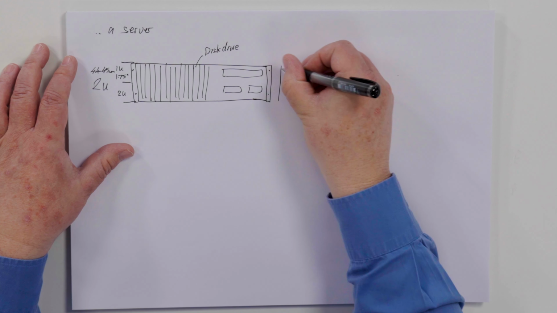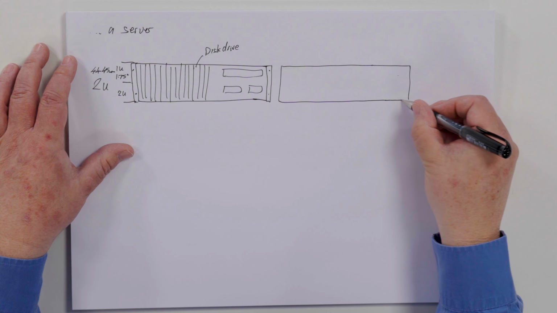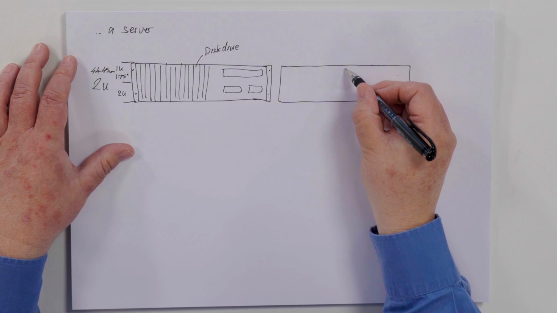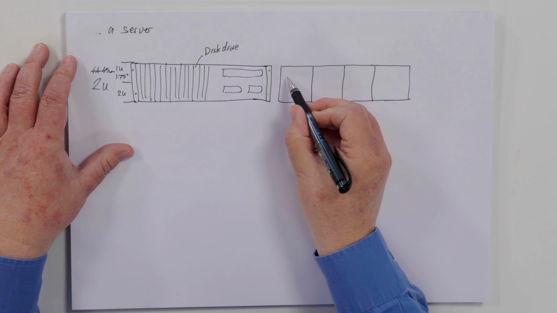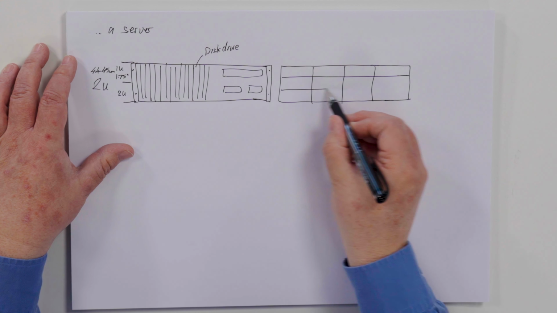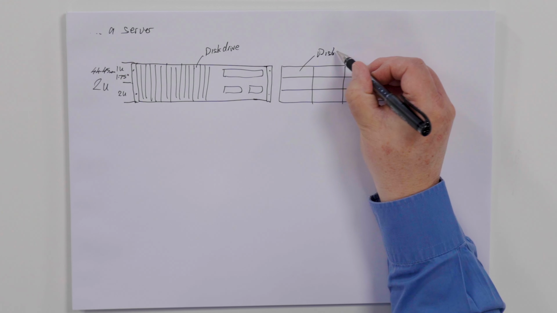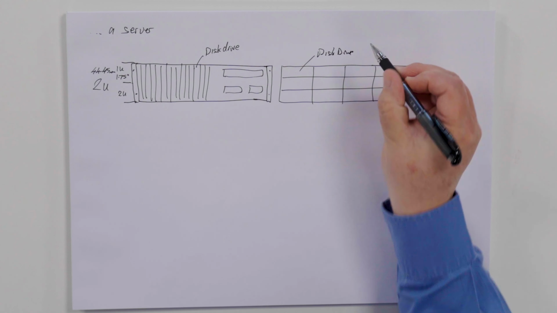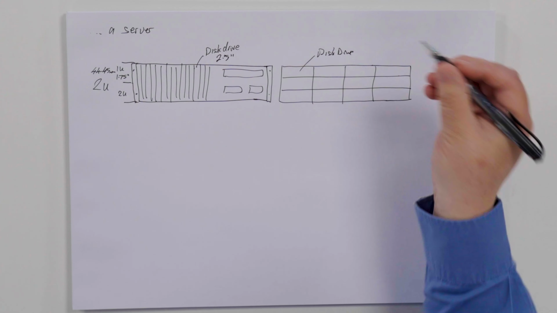Another option you may have is the storage that you have on the front of the server. So again, if we have a look at this using different types of disk drives, this one now allows us to put larger, higher capacity disk drives into the front of the server. So this one again is a disk drive, where in this unit over here, these were 2.5 inch drives.